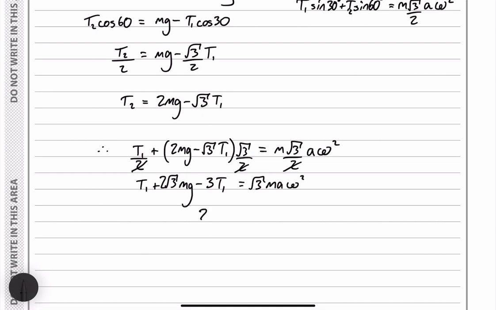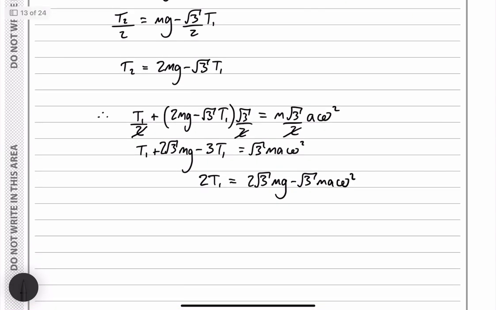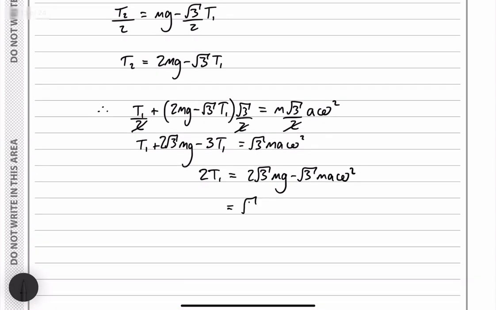Rearranging this a little bit gives me 2T1 is equal to 2 root 3 mg minus root 3 ma omega squared. We can factorize out root 3m, and that gives us 2g minus a omega squared, and then bring the half.